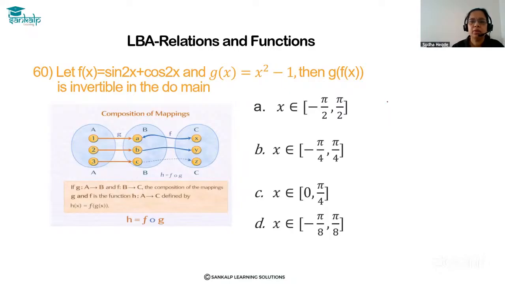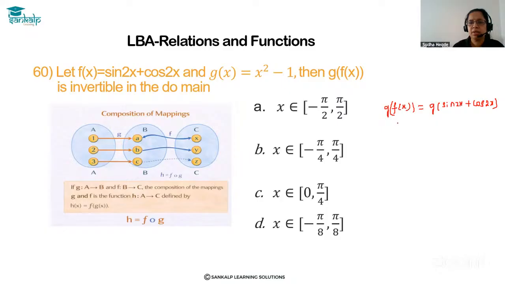Okay, so to find that one, let us first consider g composition f of x, that is g of f of x, that is equal to g of, what is f of x? It is sine 2x plus cos 2x. Okay, now g of sine 2x plus cos 2x, g of x is x square minus 1.